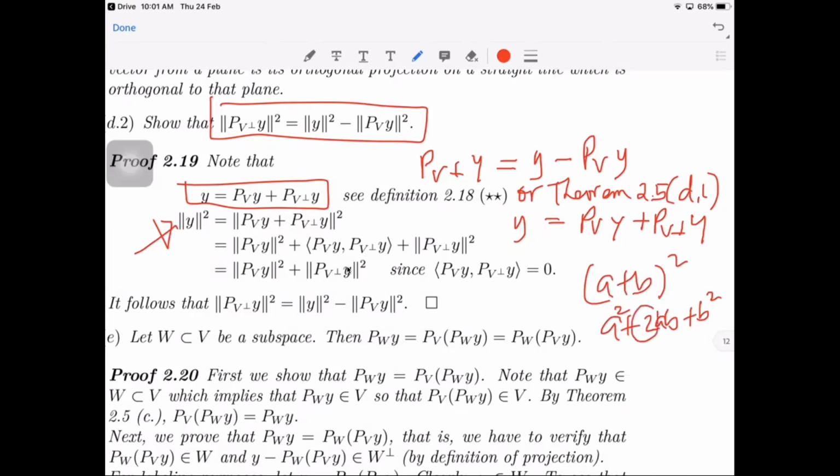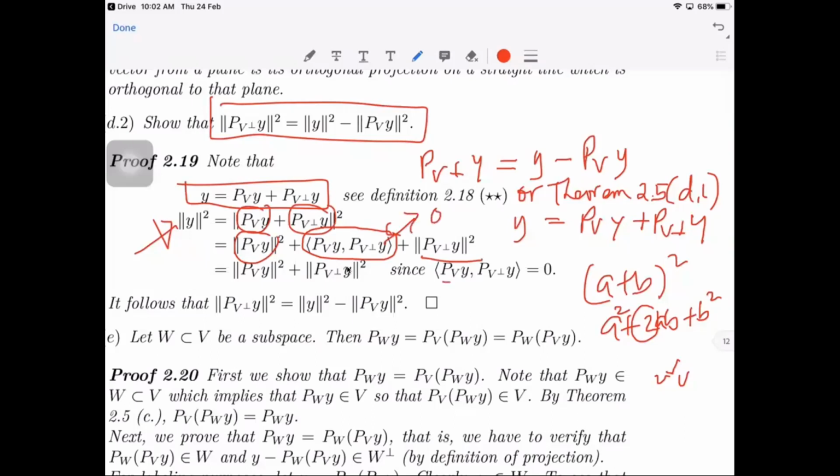But for the 2ab term, you apply the inner product, because the inner product is u prime v or v prime u. Okay? So we have this term and this term, the square norms. But this cross term is just 0.